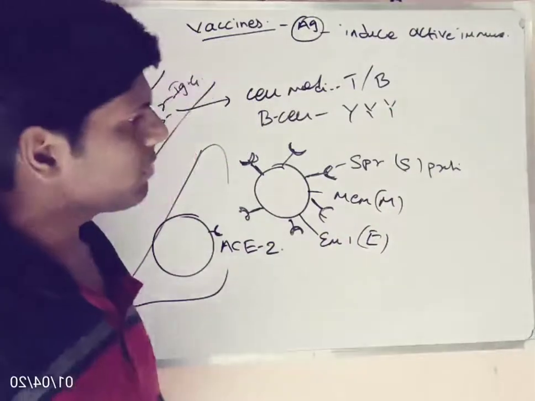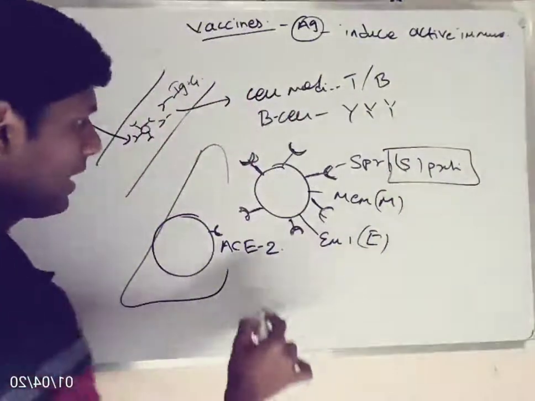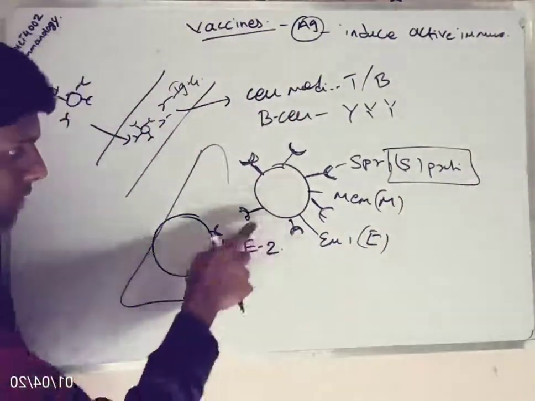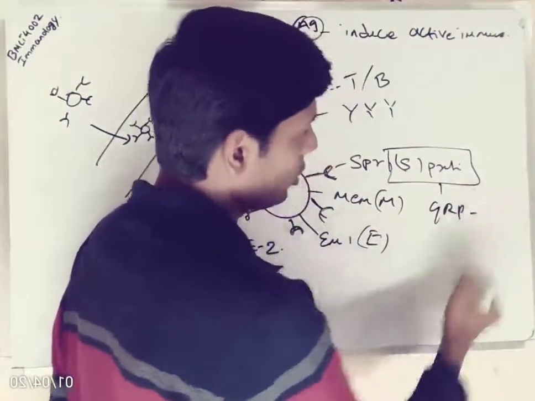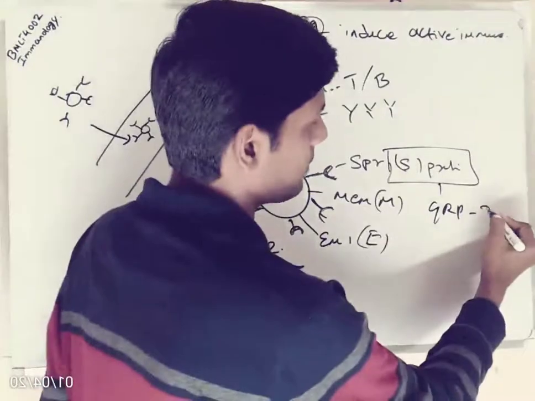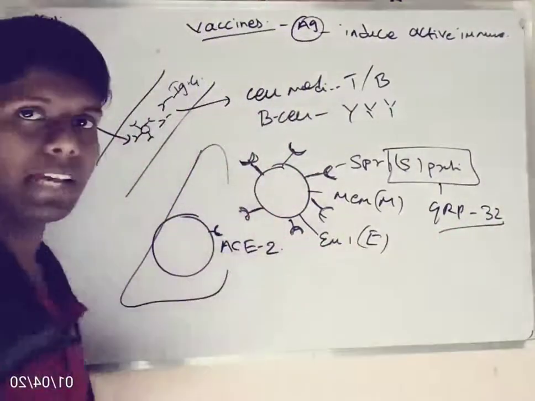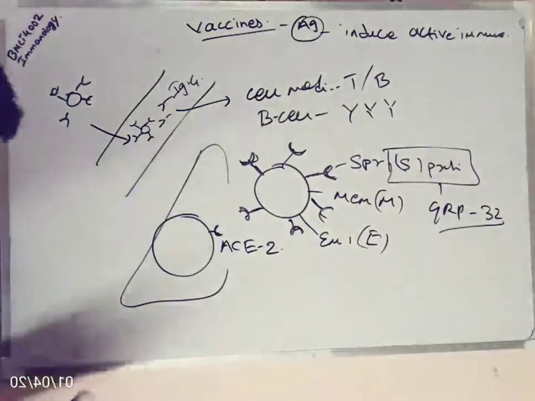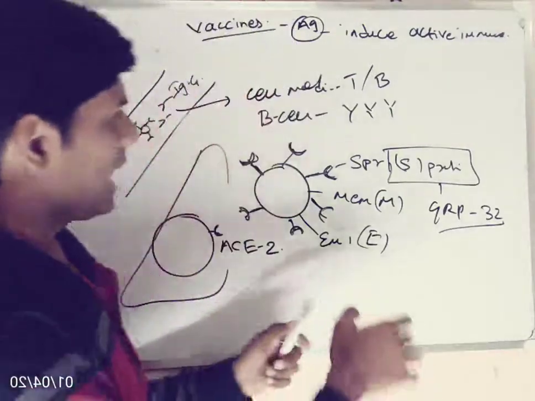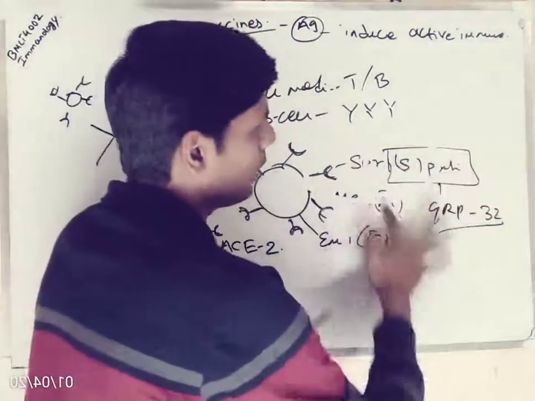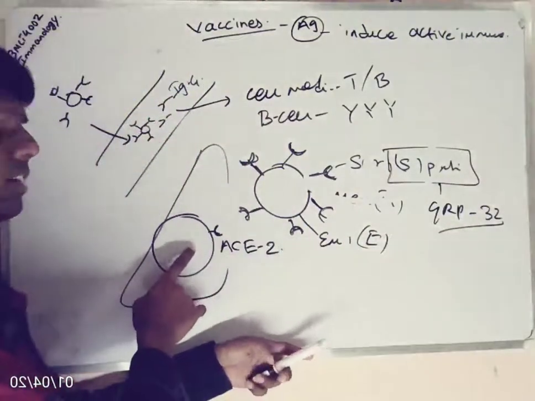Recently what we understood is that these S proteins are very important for accessing the cell. It will use its S protein, GRP32 I think, to enter into the cell. So to develop a vaccine towards coronavirus, I will take only the S protein, the surface protein, because this S protein is involved in getting immunity, right?